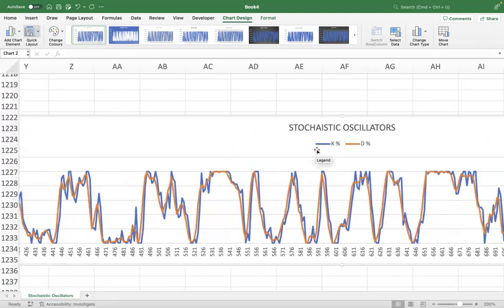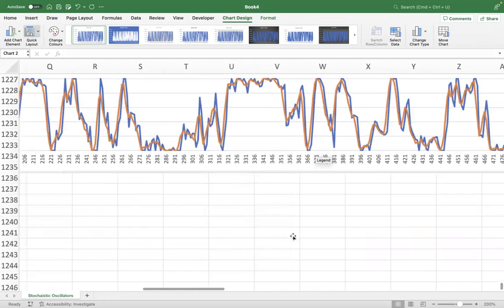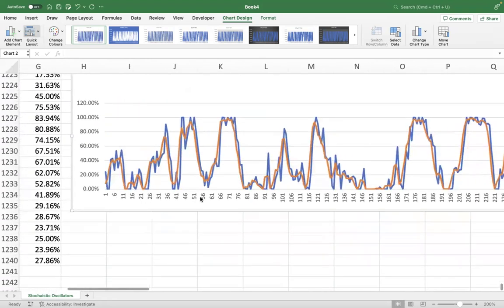Now you have to be careful, some textbooks will tell you that the K is orange and the D is blue, which is okay. But please remember, irrespective of the color, you have to see how the fast line is crossing over the slow line. So the K is the fast one. Look here, this is a place where you can see the crossover.